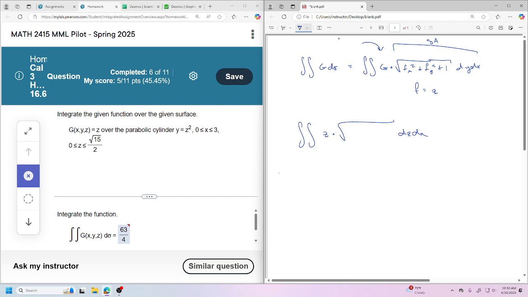Stay with me. They're giving me the limits, 0 to 3 for x, 0 to blah for z. It's like saying, use these. Don't use y. Use x and z instead. And then I don't have to change this. I just breeze through my formula, essentially.